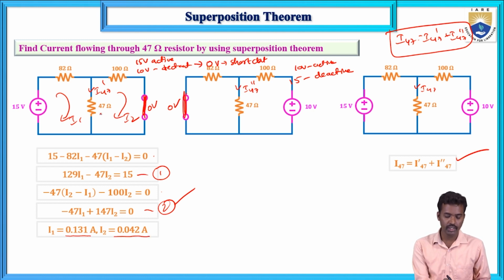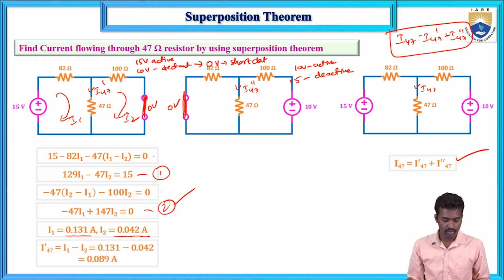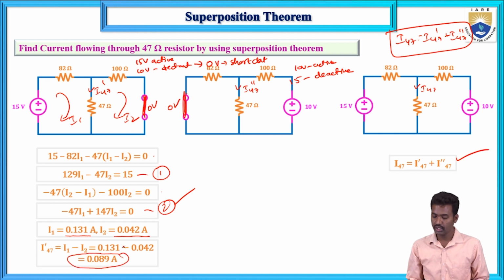These are the mesh currents, and we need I-47 dash, which means I1 minus I2. So I-47 dash equals 0.131 minus 0.042, which equals 0.089. This is individual response 1.